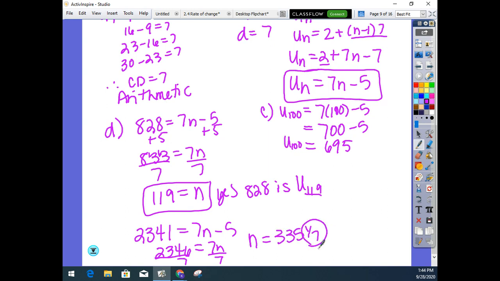This fraction or decimal, whatever you'd have, would tell us that it is not a whole number, therefore, no. It is not a part of the sequence because this is not an integer. All right. That was kind of a lot. There's a whole bunch of information, but this is a lot of what you need to know.